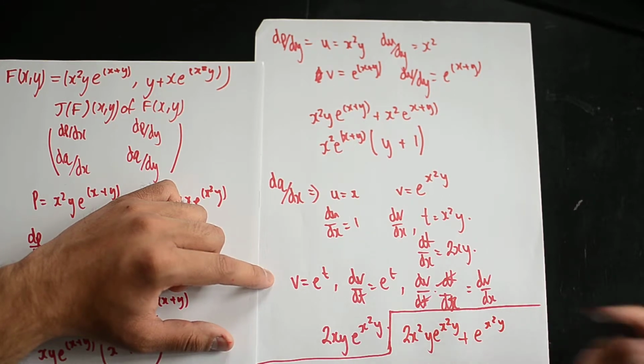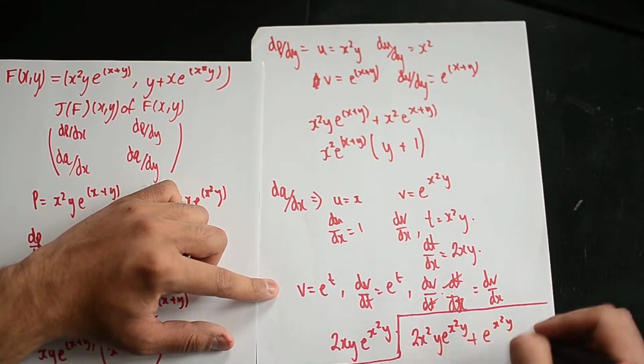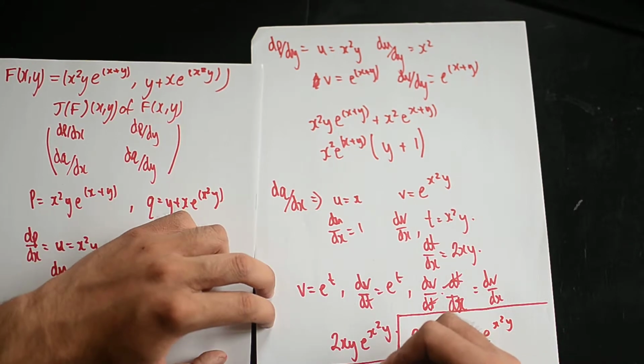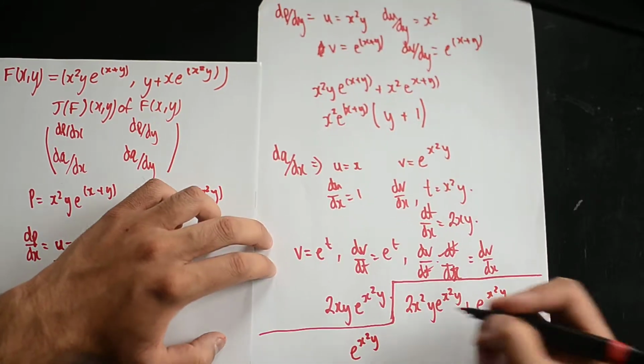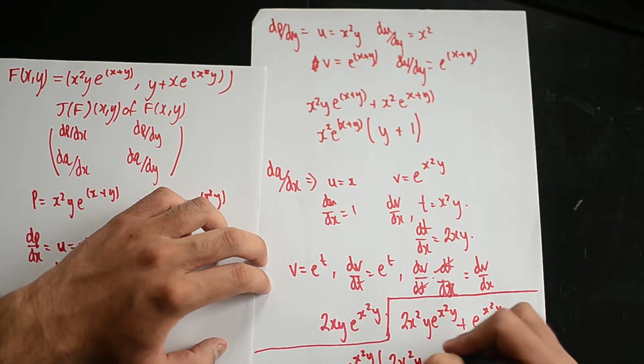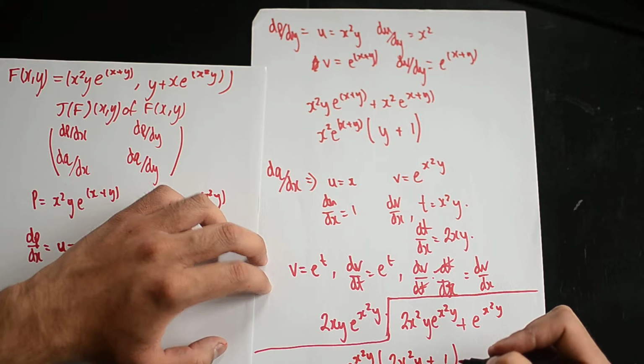For now I can simplify this again and pull out my e to the power x squared y term and x squared y, getting 2x squared y plus 1.